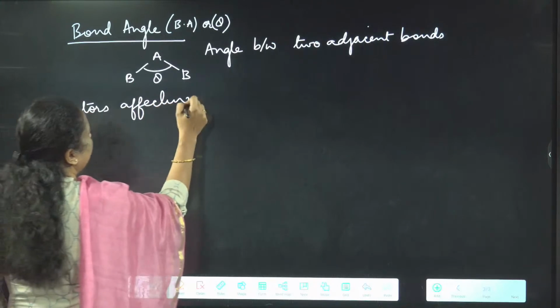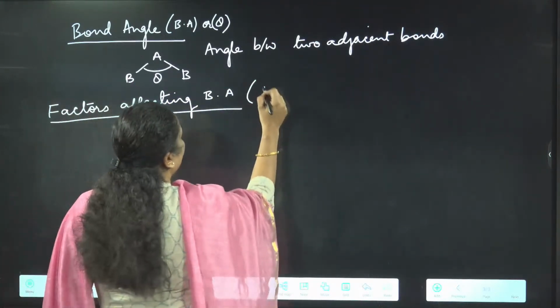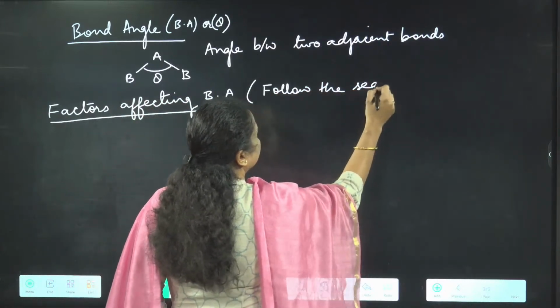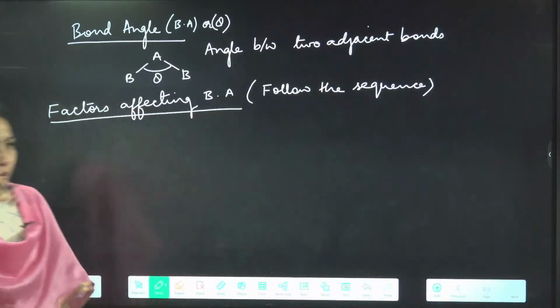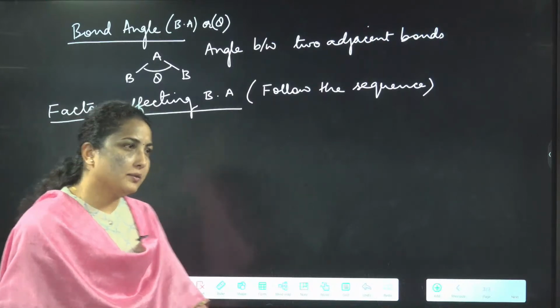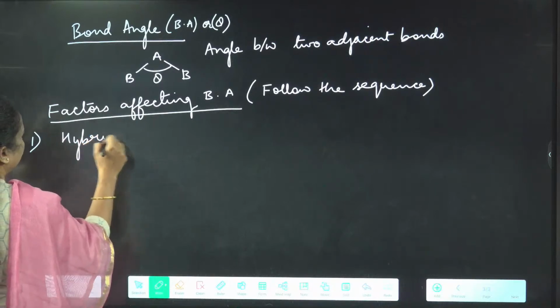The other thing is, let us go for checking the factors affecting the bond angles. So factors affecting bond angle, and you have to follow the sequence. That means after checking this, you have to go for checking this. That is what I mean by following the sequence. Okay. First one is, you have to check for hybridization.